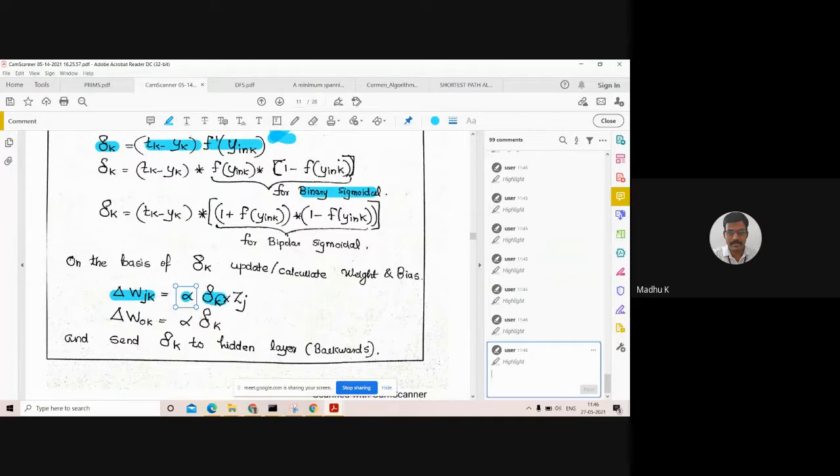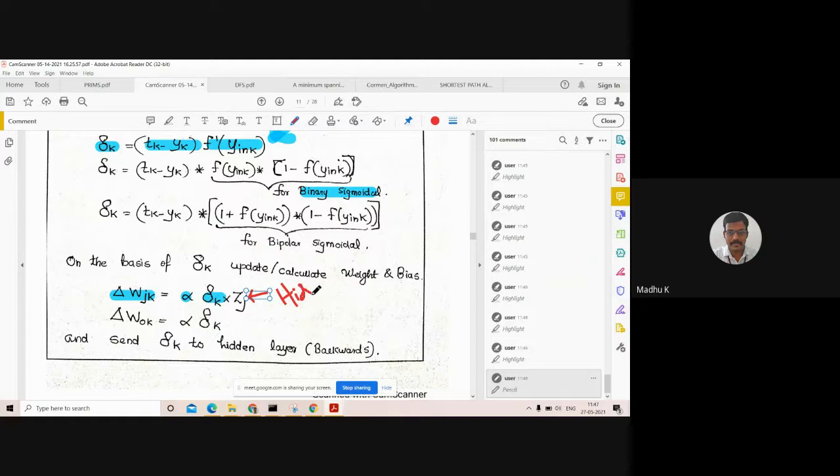What is zj? zj is the output coming from the jth neuron of the hidden layer.